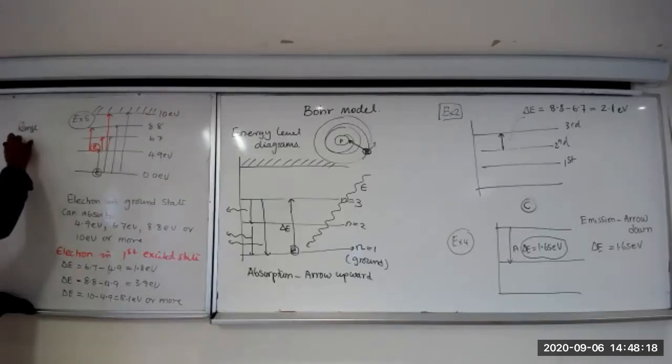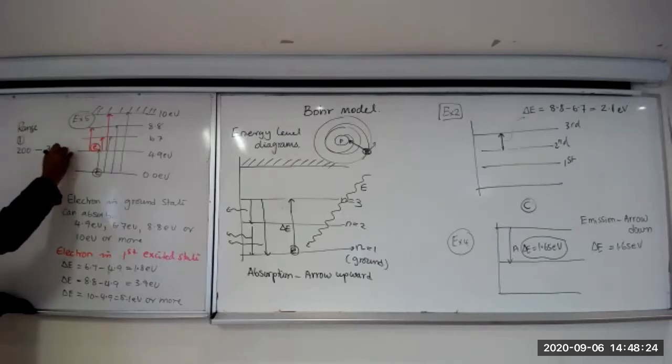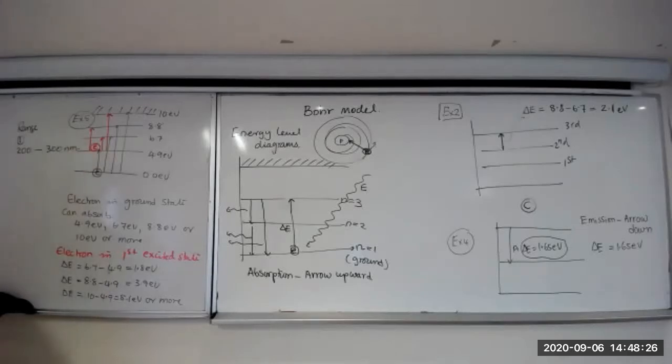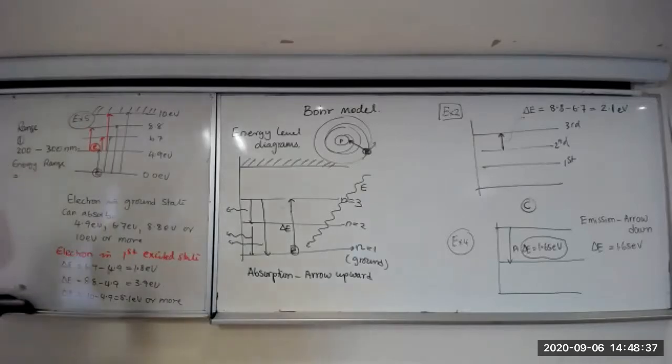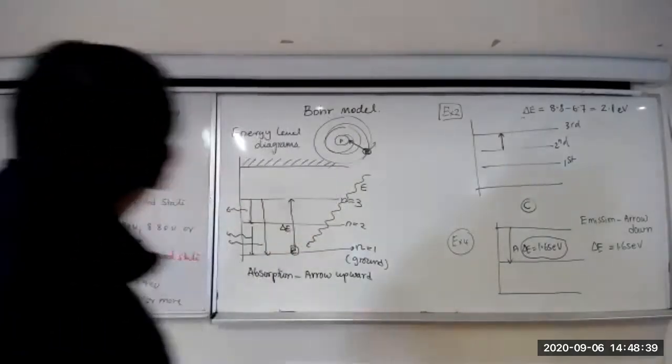Now look at the range of your range 1, 200 to 300. Just quickly check what energy range that you are given. So if we look at the energy range, let's see on lambda.